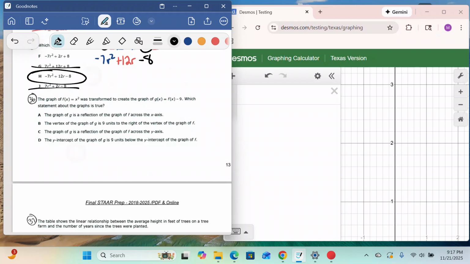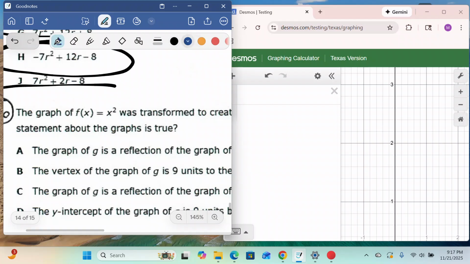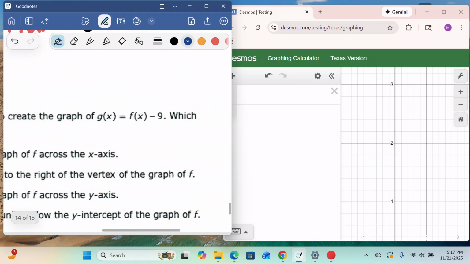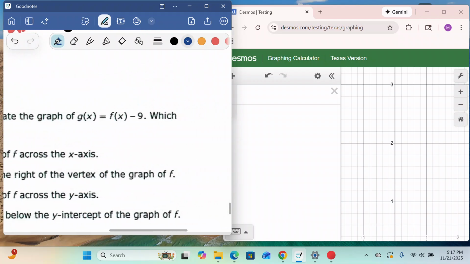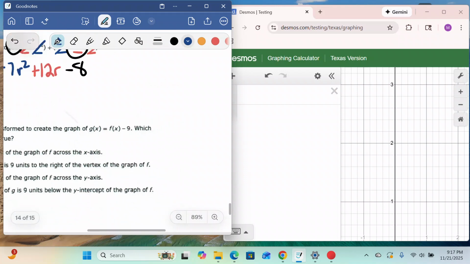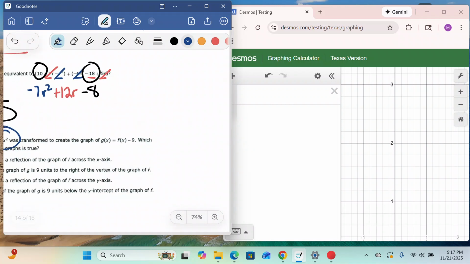You don't want to pay attention too much to the f of x, you just know that this is one and it's going to be transformed into this. So this is like x squared minus 9. You're getting your f of x, which is your x squared, and you're subtracting 9 from it.